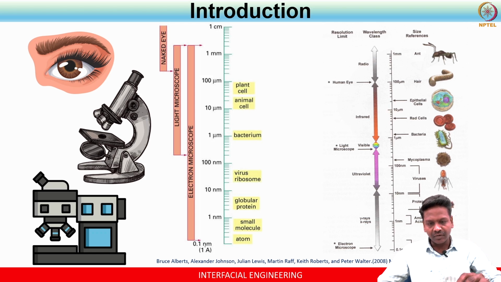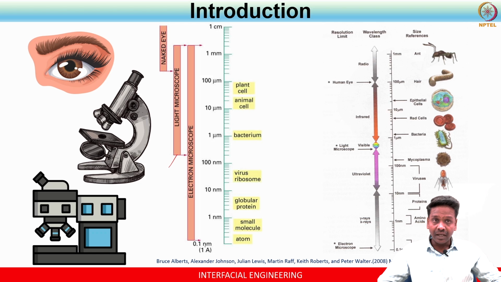For example, anything beyond, let's say, 200 micron or maybe 300 micron is very difficult to resolve through the naked eye. So one should resort to the modern techniques that are available. You may use light microscopy, which will be helpful to resolve objects of size up to about 200 nanometer.